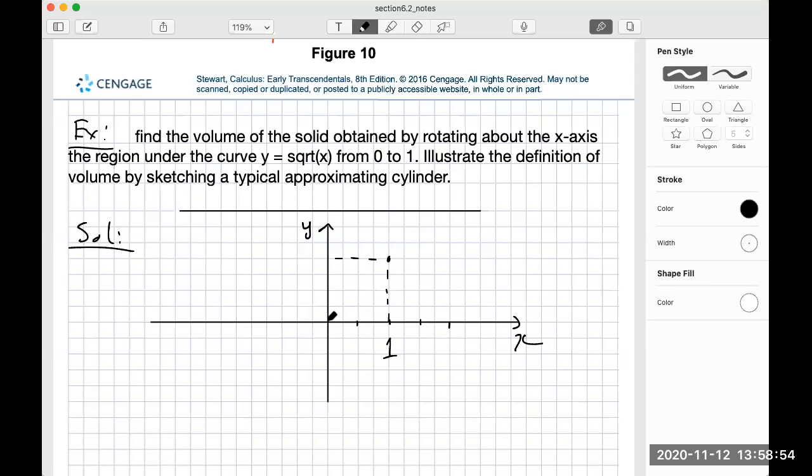At x is equal to 0, y will be 0. Right? This is y equal to square root of x. When x is negative, y is negative, then it should be like this. It's symmetry with respect to y.